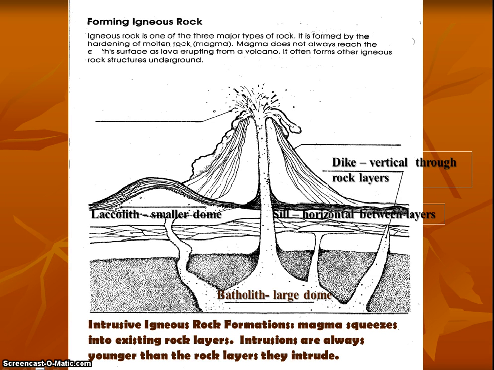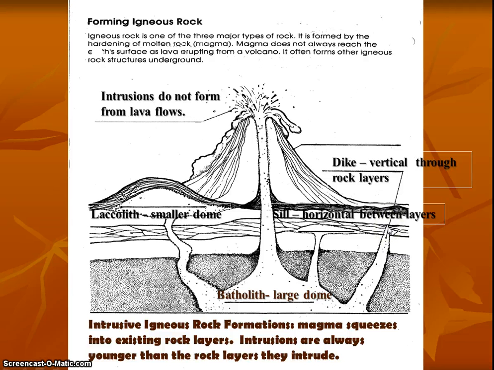The last one here that we're going to look at is the dike. If you can look at my arrow and notice that the line comes down here, and this is the dike right here. It's kind of like the area that a volcanic eruption might occur from, but it's still here and it never reached the surface.